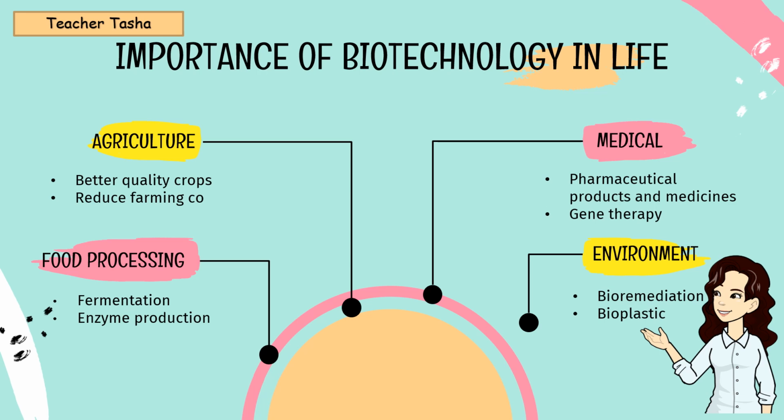So biotechnology also reduces the cost of farming and health risk of consumers as well as farmers. It produces crops that can adapt to climate change, produces crops that contain more nutrients, for example, the golden rice, and many other agriculture advantages.